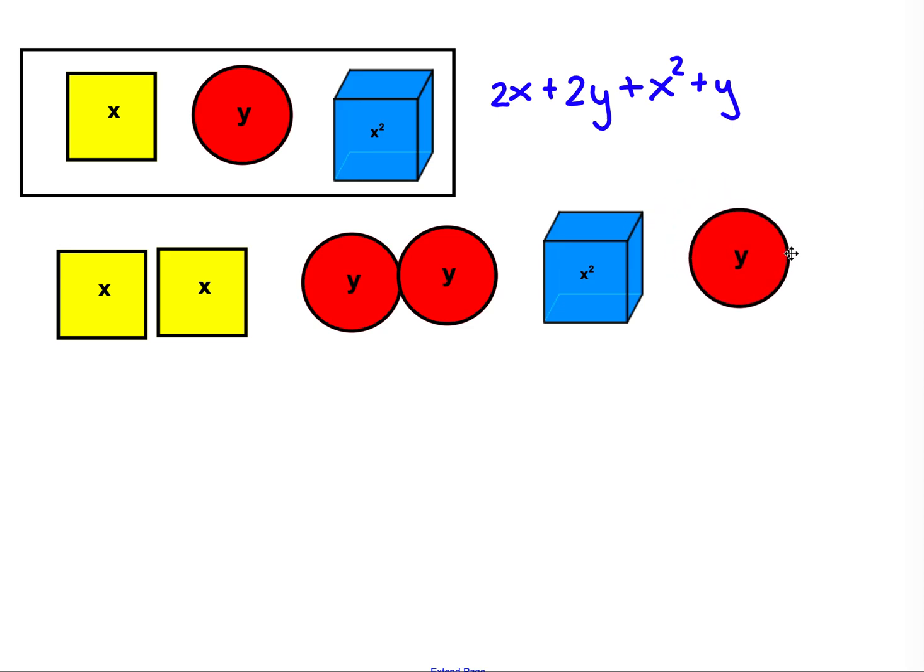Okay, so now I'm looking for my like terms. My x and x squared are similar. They've both got the letter x there, and in my pictures I've got a square and I've got a cube, but they're not the same. That x squared means it's a different shape than our regular x, so we can't combine it. However, we can combine these y's. I have one y here, I have two y's here. So the y's are like terms, and I can combine those.